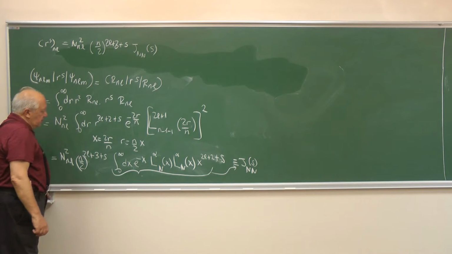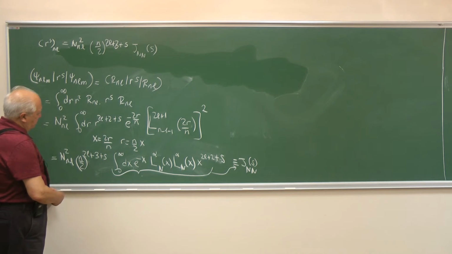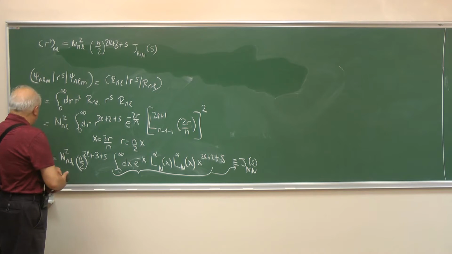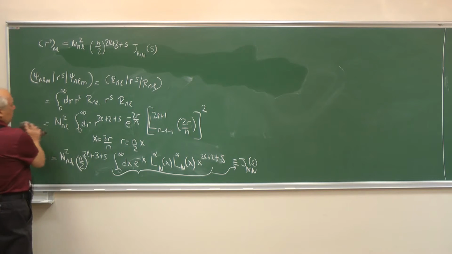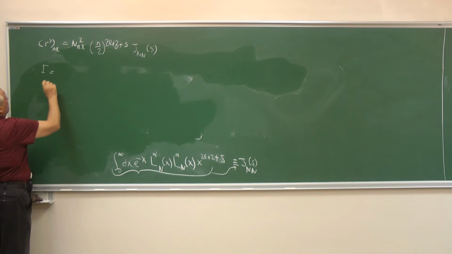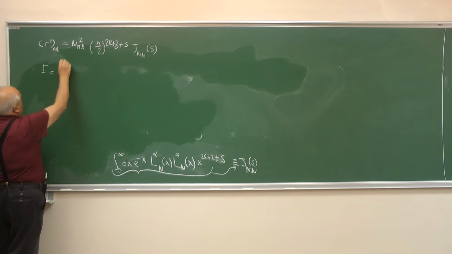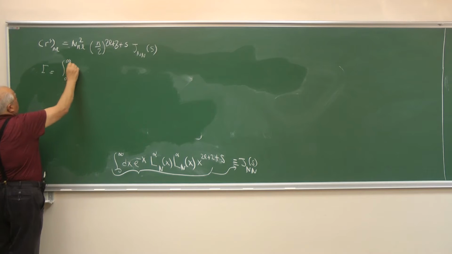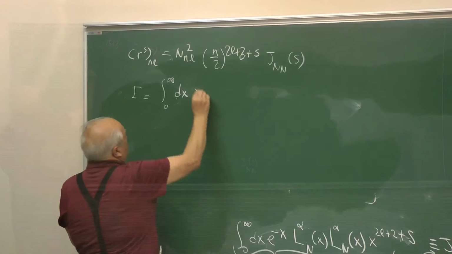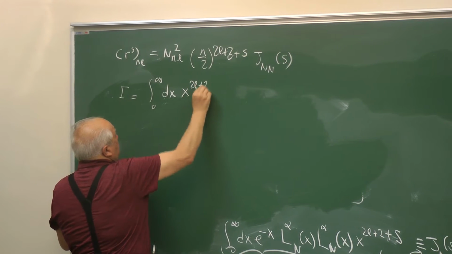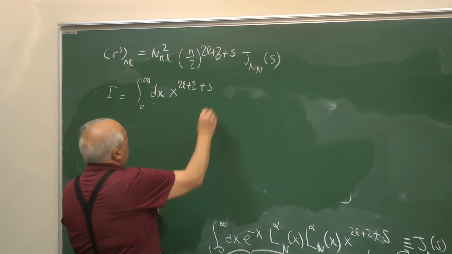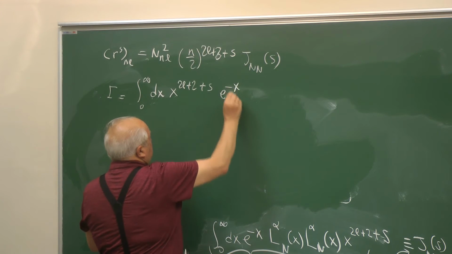We will compute this integral using the generating function, which generates the associated Laguerre polynomials. I'm erasing this part. Consider the integral defined like this. From 0 to infinity dx x to the 2l plus 2 plus s e to the minus x.